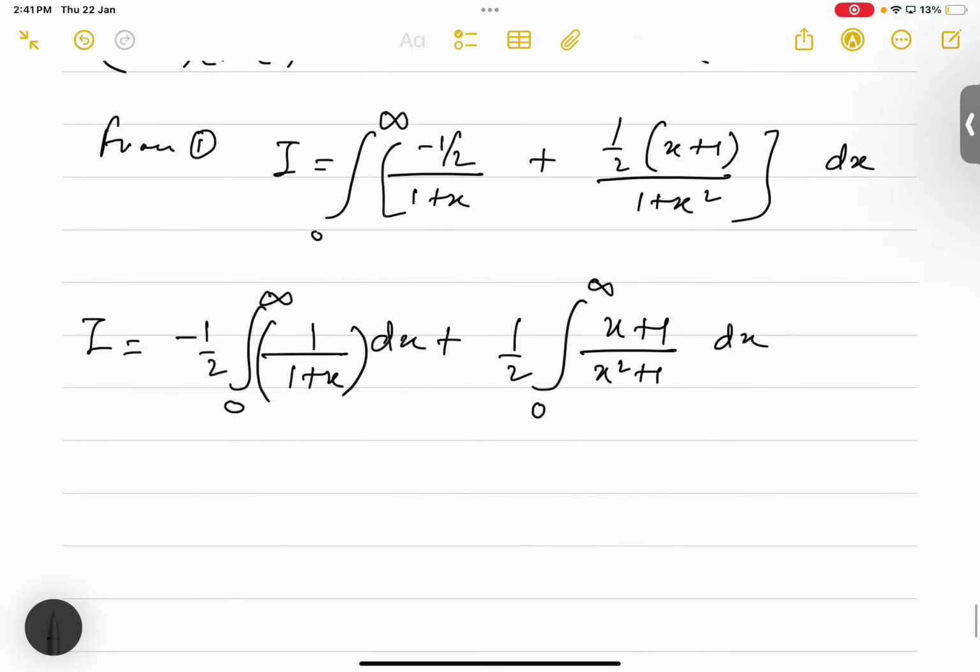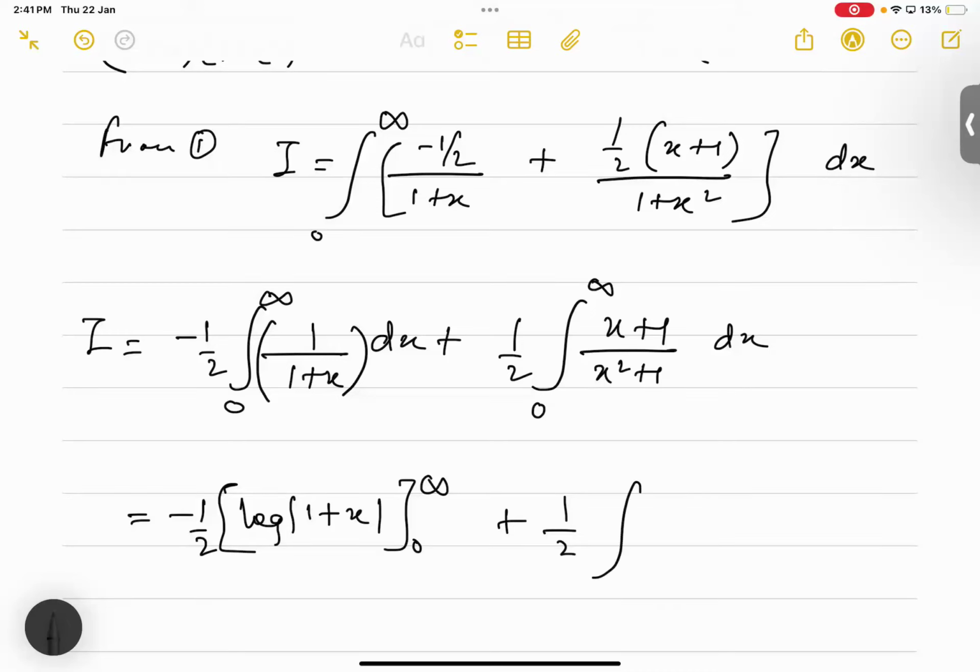Right? Minus half log mod 1 plus x, 0 to infinity plus half. Plus half. How to solve this?